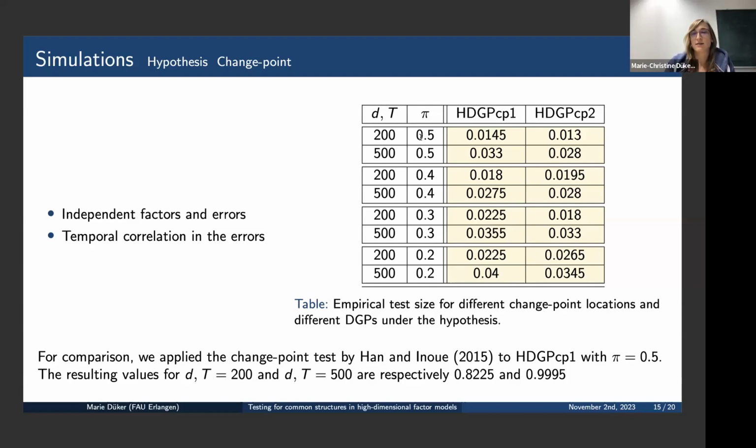And here in the setting, we looked at different change point locations under the hypothesis. So there is no actual change, but the reason why I looked at different change points anyway is because when I decrease the change point location to like 20% of the data, that means that I can only use 20% of the data to estimate my transformation, right?